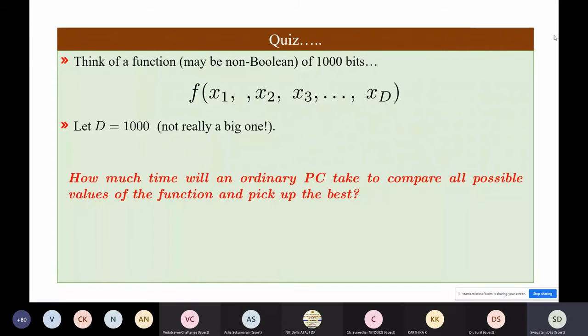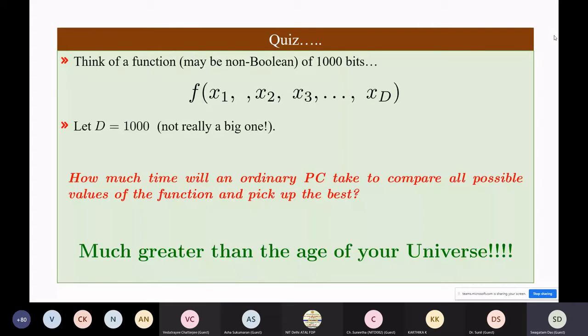Doesn't matter, because from the day of the Big Bang till today, the age of the universe is of the order of 2 to the power 700 seconds. So the time taken would be much greater than the age of the universe. This is called an intractable problem.